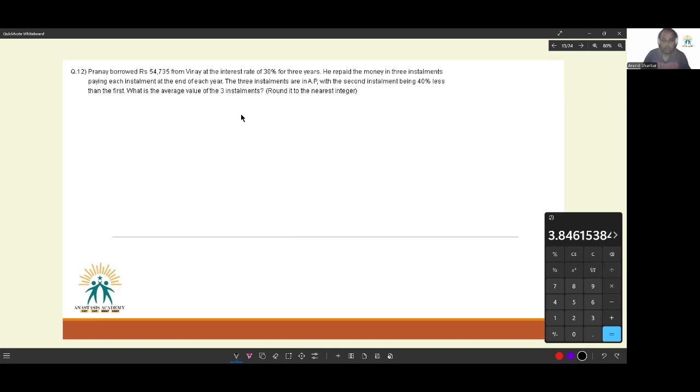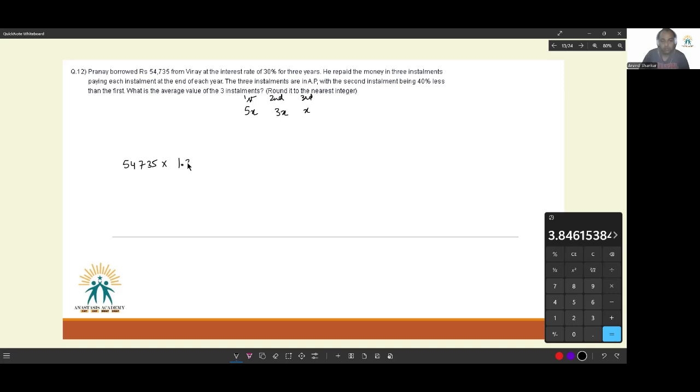Okay. The 3 installments will be, see, the first installment is 5x. The second installment is 40% less, so it will be 3x. And because they are in AP, the third installment will be x. These are the 3 installments that he's paying. Now, he borrowed 54,735 and then interest rate of 30%.